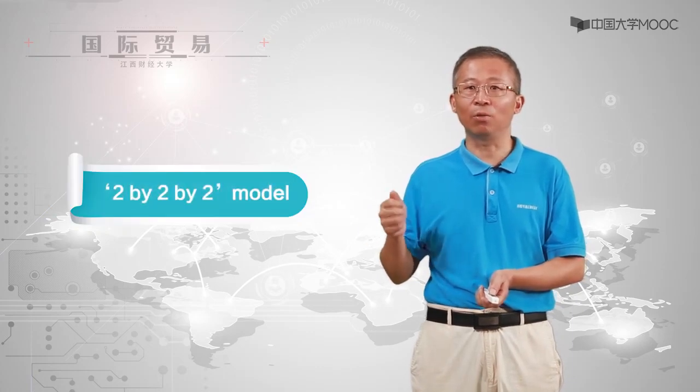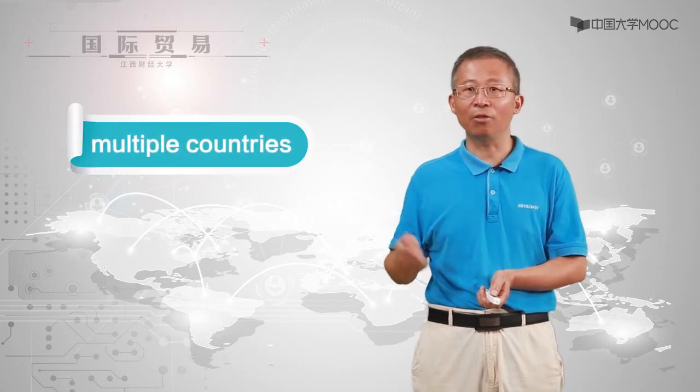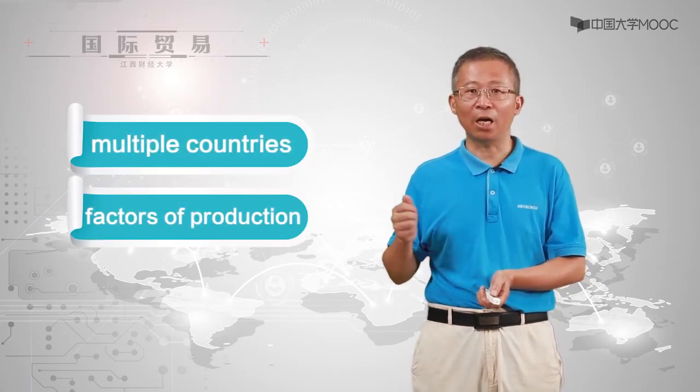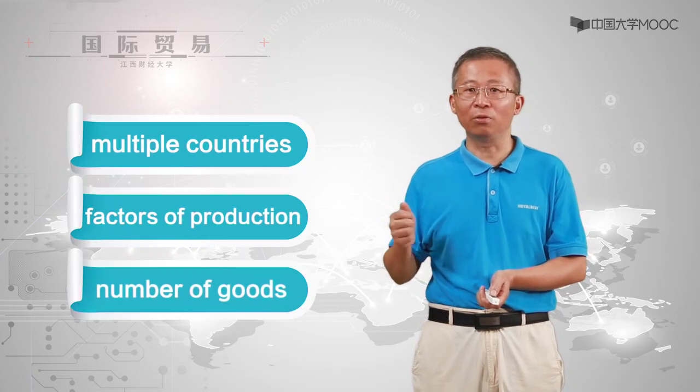We can extend the 2 by 2 by 2 model to more realistic cases: multiple countries, factors of production, and goods. Generally, we can say countries tend to export goods whose production is intensive in factors with which the country is abundantly endowed.